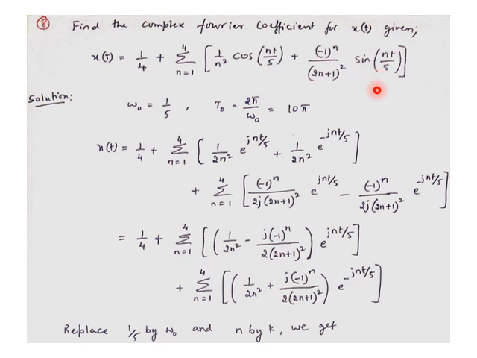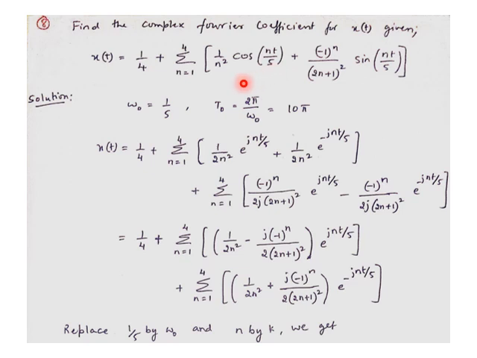By looking into the given expression, what we can observe is that we have a cos term and a sine term along with some constants with respect to the summation, but this summation is defined from 1 to 4. So the value exists for x of t from n equal to 1 to 4, and there is also one other value which is defined. So omega naught we can observe directly.